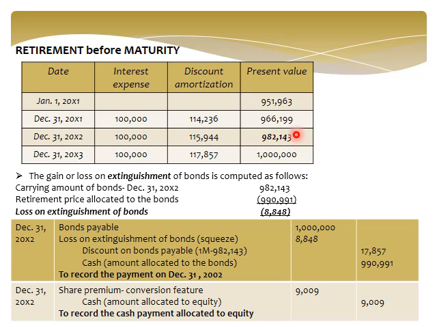Yung present value na lang kasi ng liability, 982,143. Then the face amount is 1 million. So, 1 million na face amount minus the carrying amount, ang result niyan yung discount. So, meaning, on December 31, 2002, the remaining discount is 17,857. Note that the normal balance of discount is debit.